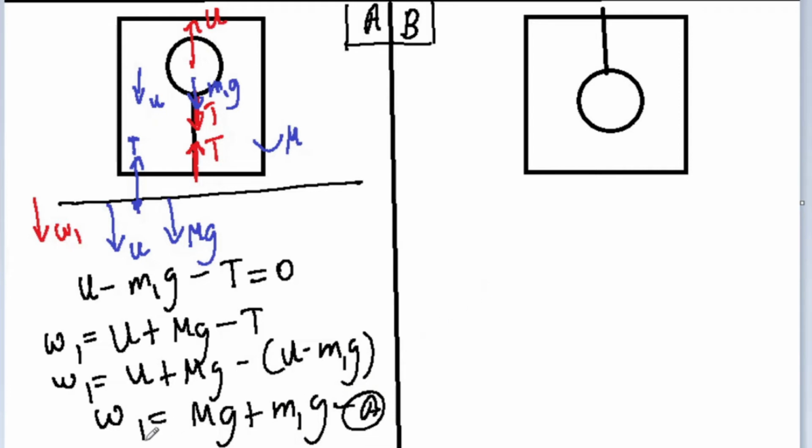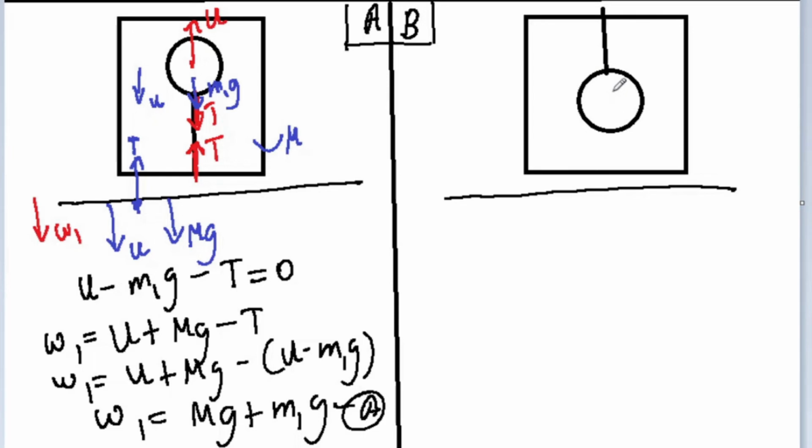So we have the weight that acts on this side of the balance surface. Now we need to understand the force that acts on this surface of the balance. So what we have here is a ball immersed in a liquid and it's hanging from a string.